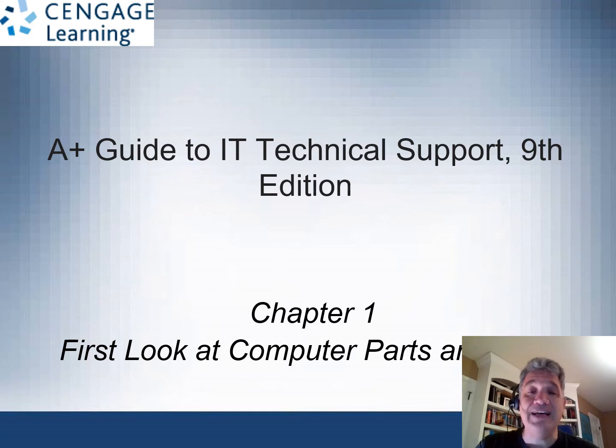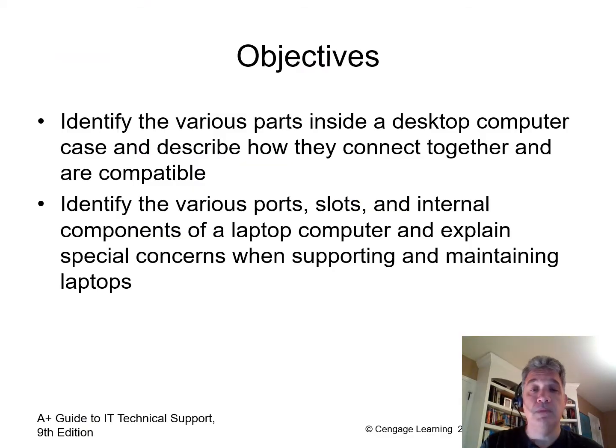So with that said, let's go ahead and get started with Chapter 1, a first look at computer parts and tools. So the objectives for this chapter. This chapter is going to introduce desktops, laptops, mobile devices, and tools. It is a high-level overview, meaning that it's a mile wide and an inch deep.